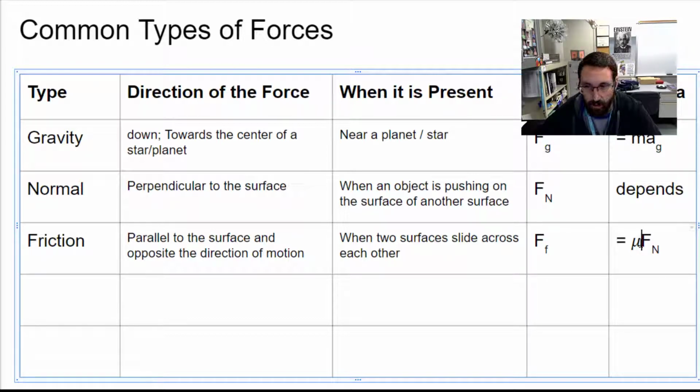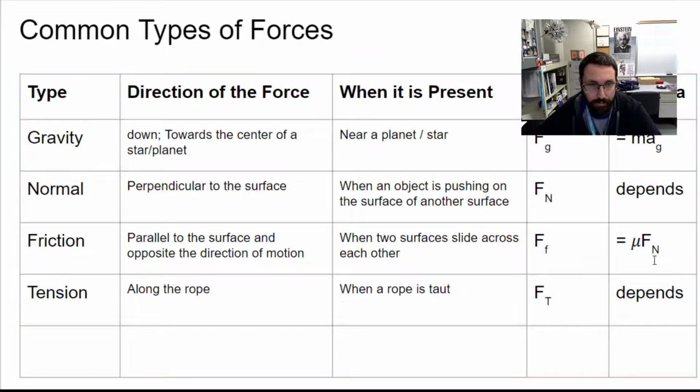If you have wood on metal, or two different metals against each other, or your shoe on the concrete, any two surfaces will have a different coefficient of friction. There's actually a static coefficient of friction for objects that are not moving, and a kinetic coefficient when they've actually started moving.